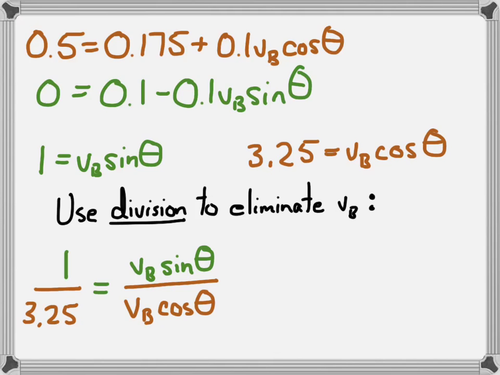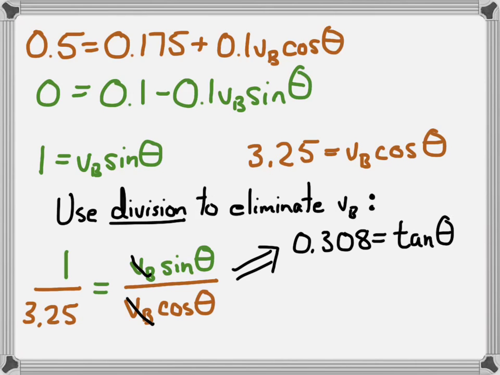When I do that, these VBs will divide out. And I'm left with 1 over 3.25, which is equal to 0.308. And on the right-hand side of the equation, I now have sine theta over cosine theta, which is equal to tangent theta. So I solve this for theta, and I get 17.1 degrees.